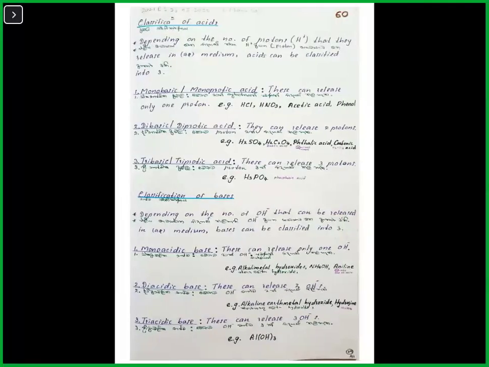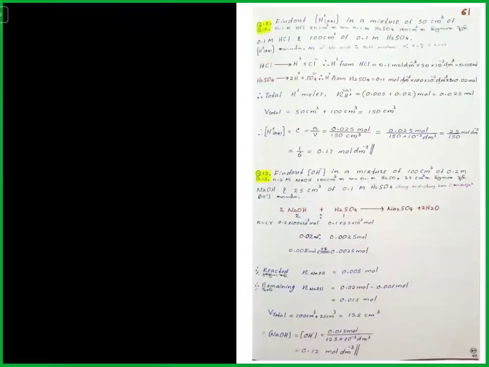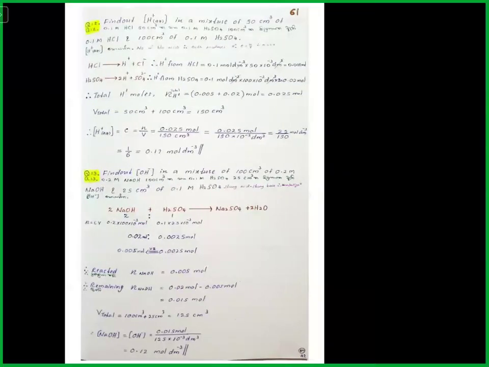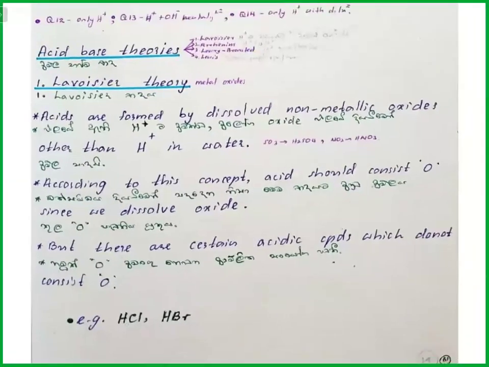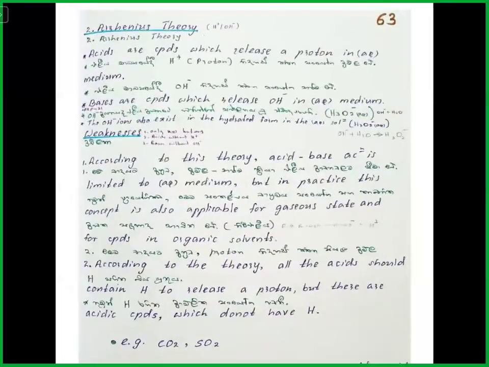Basicity is the same. Classification of acid base. Then these unit 3 questions. Lavoisier says there are metal oxides which are other than H plus, non-metal oxides. So non-metal oxides are releasing H pluses or give the acidic condition, but it's talking only about these compounds with oxygen, but there are acidic compounds without oxygen that fall behind.